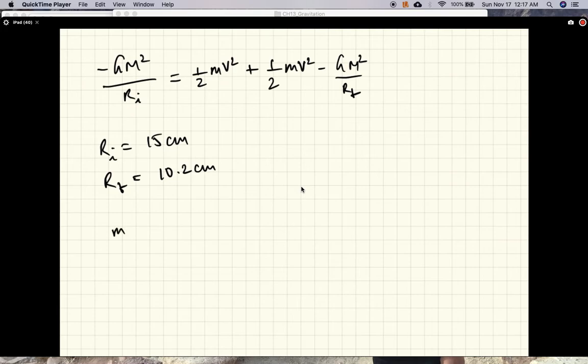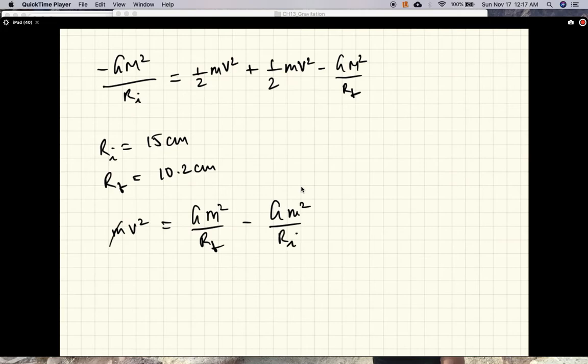So m v squared, half plus half is 1, so m v squared is equal to G m squared over r final minus G m squared over r initial.